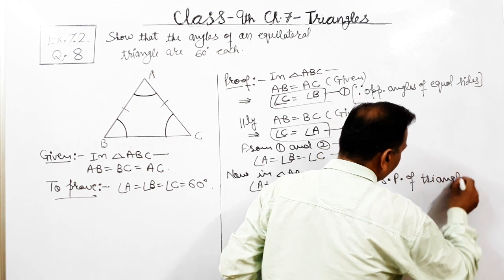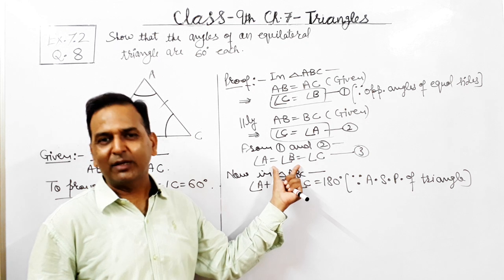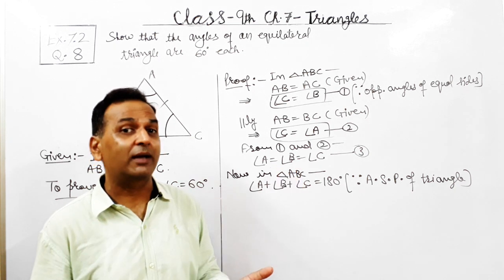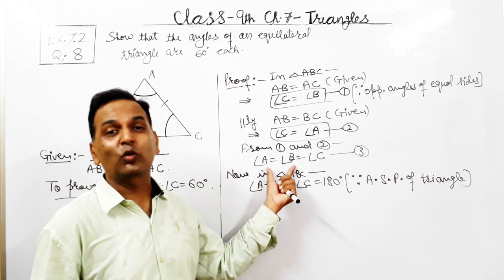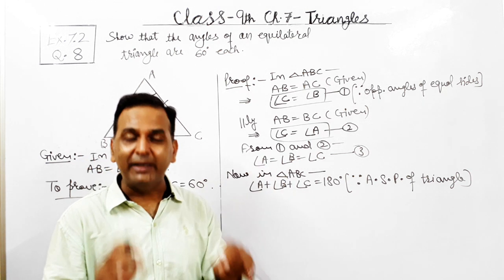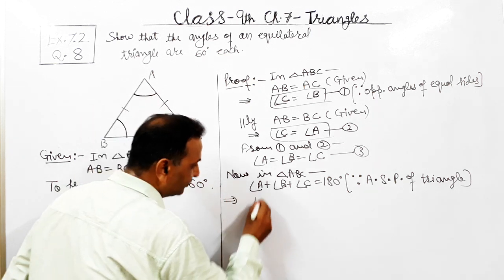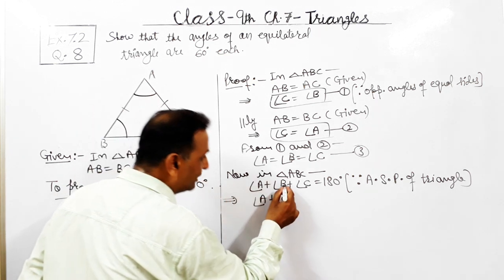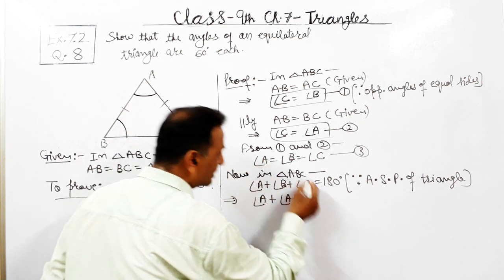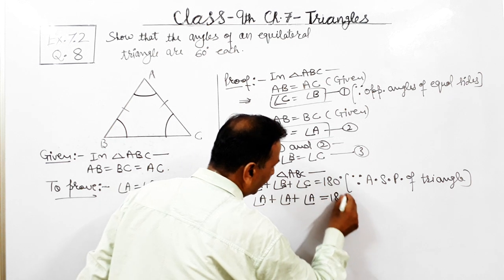And now, using result number 3, we can see, because all the three angles are equal, any angle of these three angles can be replaced by another. किसी भी एंगल को किसी भी एंगल से रिप्लेस कर सकते हैं, क्योंकि तीनों आपस में इक्वल है. Suppose this implies angle A as it is, angle B we are going to replace by angle A, as well as angle C is also replaced by angle A, it equals 180 degrees.